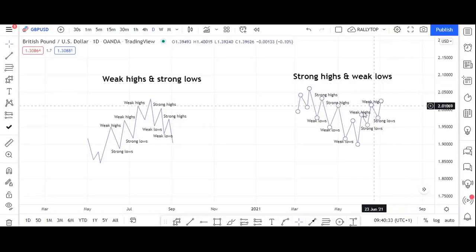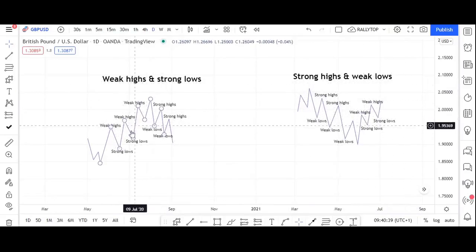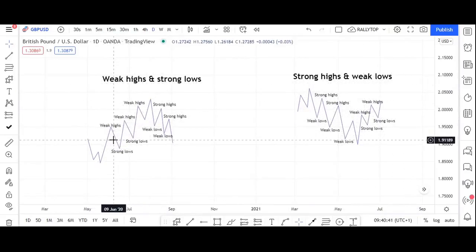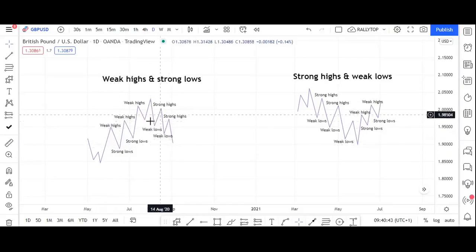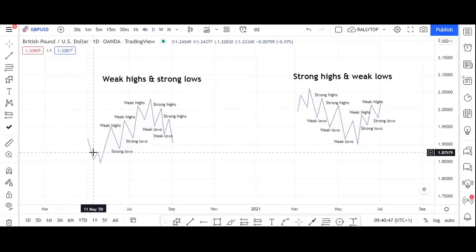Now take a look at this diagram here. To my left, this is weak highs and strong lows. What we essentially mean is that this is a bullish structure, as you can see. Price was bearish, coming from up here, printed this low and printed this high, and then came down to break this low. As you can see, this low was violated.